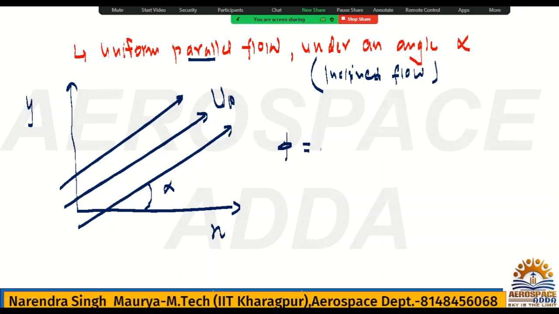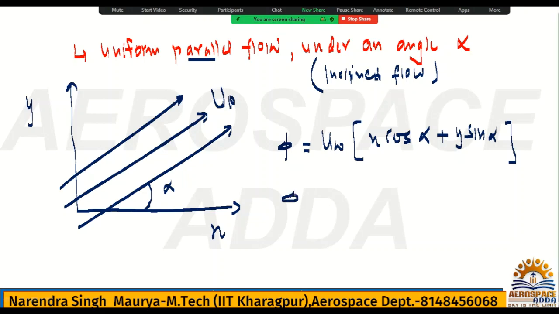Phi will be u infinity x cos alpha plus y sin alpha. This is the potential function.